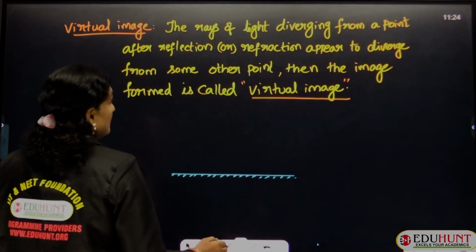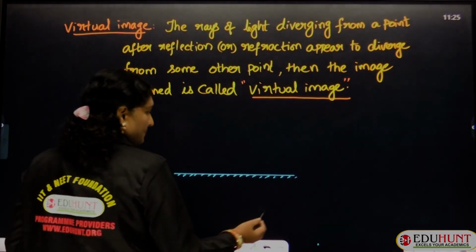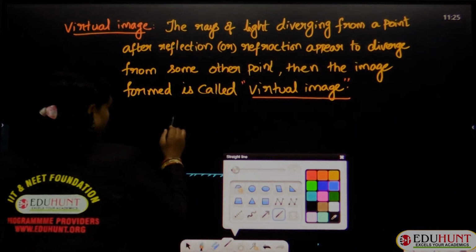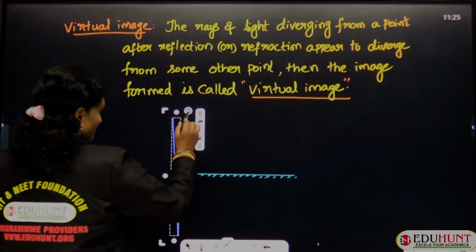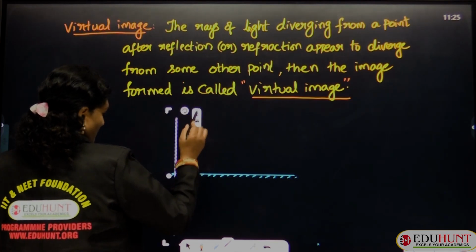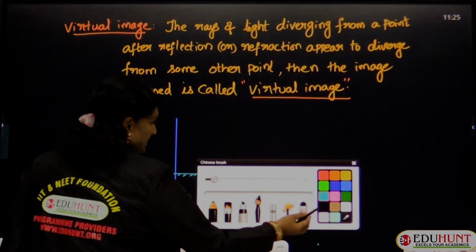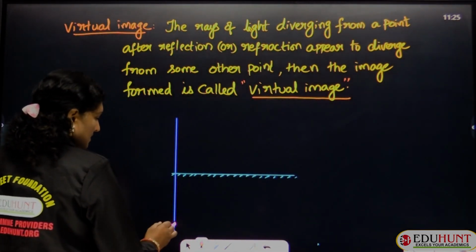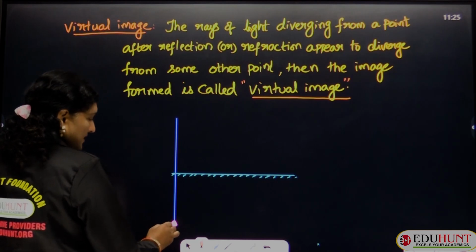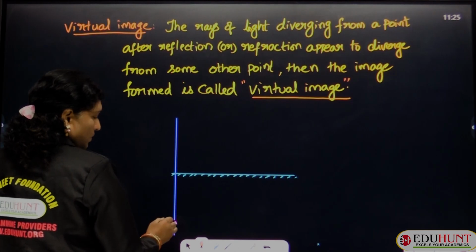On this plane mirror, for my clarity I am just keeping a mark over here. Let us suppose that there is an object lying here. From this object I want to see the image. This is O, the object.